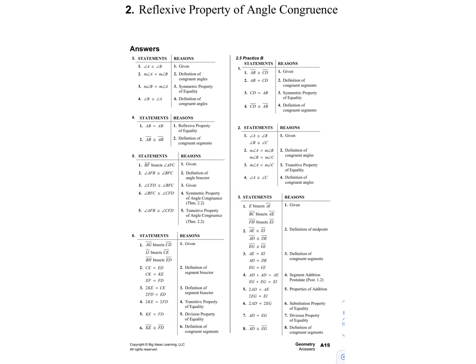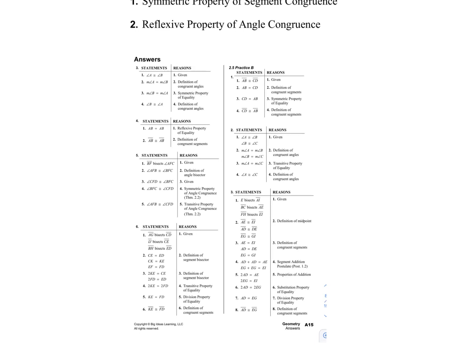Now, chances of you getting something as long as number 6 or number 3 here, probably not so much. The beginning proofs that we're going to give you on the test are going to be kind of short. But again, they're partially filled in proofs.